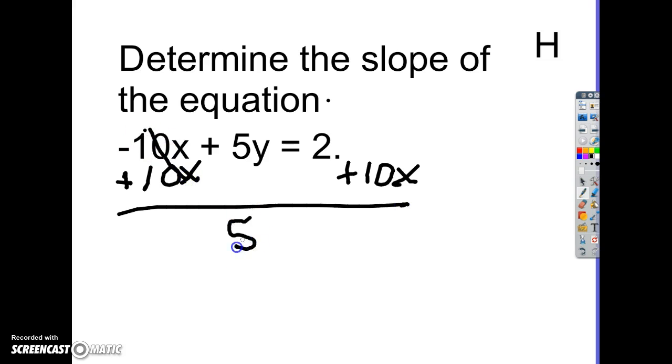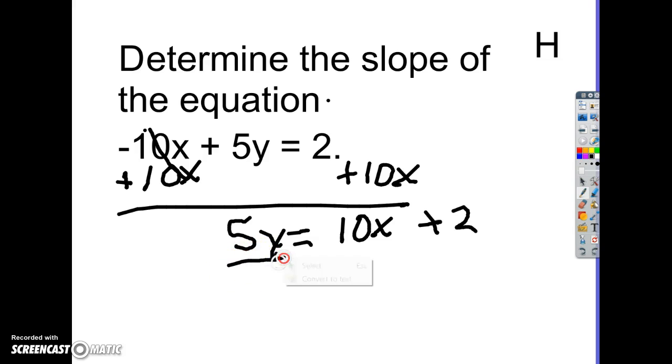That leaves us with 5y is equal to, put your 10x first because the number with the x is going to be the slope and it comes before intercept. All right, now we still don't have this where it is y equals like on the calculator, so we're going to divide the left side by 5 and make that y equals like your button on your calculator.